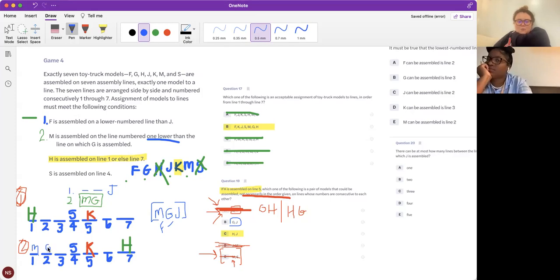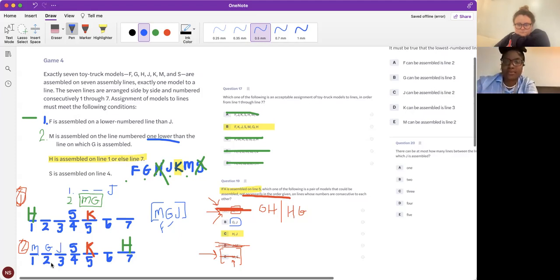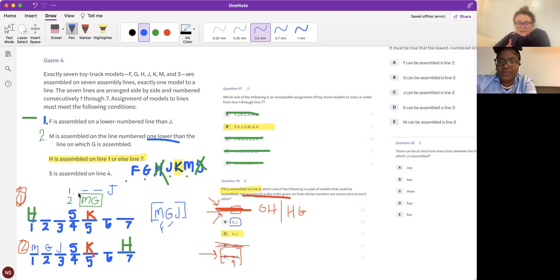But why does that not work? Where's F going to go? Exactly. There's no spot for F.